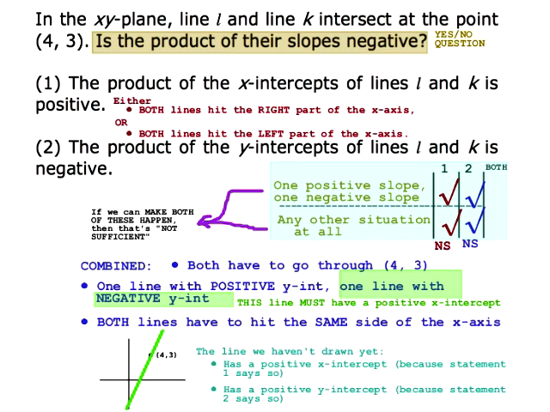What does that mean? Like, what do we know about a line with a positive x-intercept and a positive y-intercept? Yeah, it's going to have a negative slope, right? The only way to get from the positive y-axis to the positive x-axis is to slope down.